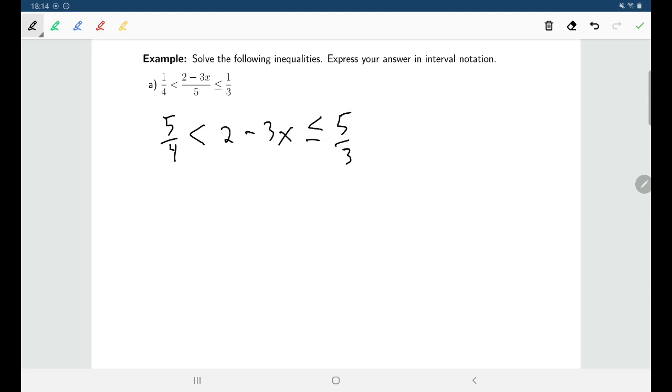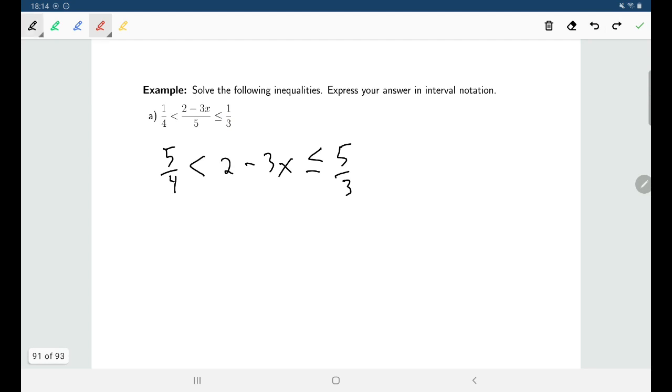So I've got now 5/4 less than 2 minus 3x less than or equal to 5/3. And now I want to, again, isolate the x, so I want to get rid of this 2, so I'll subtract 2 from every side of the inequality. 5/4 minus 2.